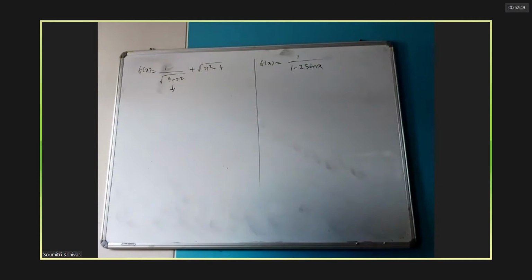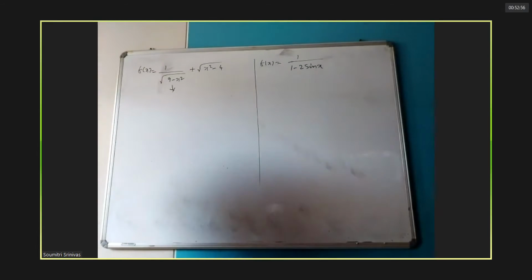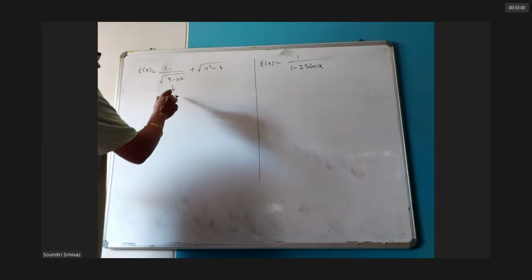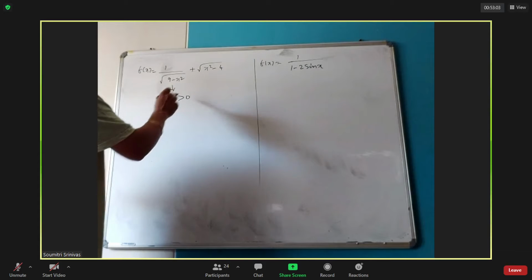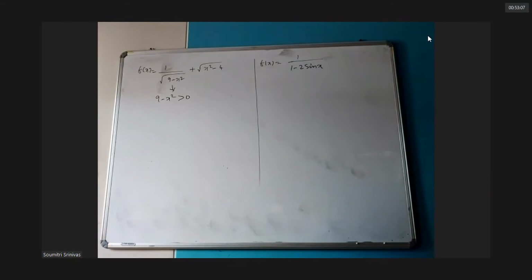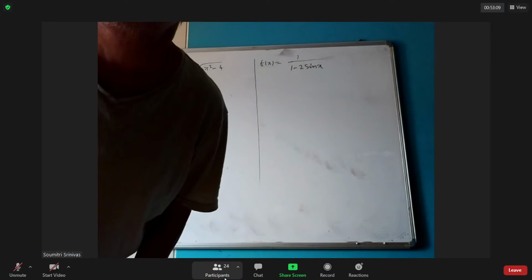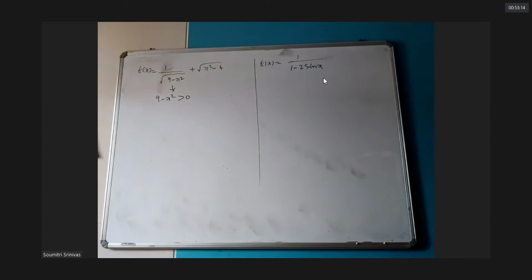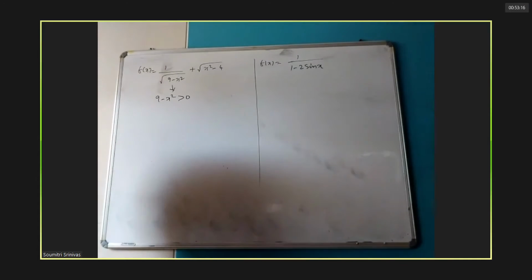When is first one defined? Condition 9 minus x square must be greater than 0.